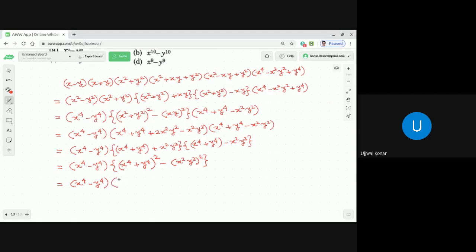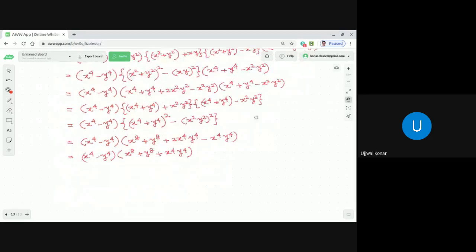So what will we get? x power 4 power 2, that is x power 8, plus y power 4 power 2, that is y power 8, plus 2 into x to the power 4 into y to the power 4, minus x to the power 4 into y to the power 4. So this is equal to what? x to the power 4 minus y to the power 4 into, what are we going to get here, dear students? x to the power 8 plus y to the power 8 plus x to the power 4 into y to the power 4.